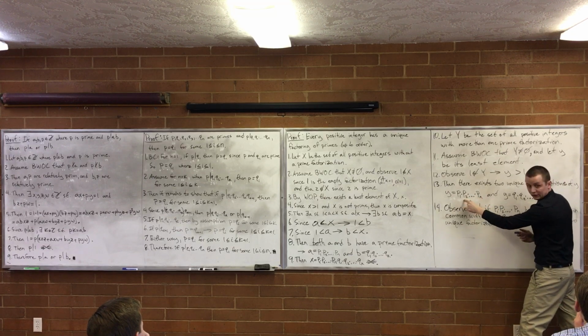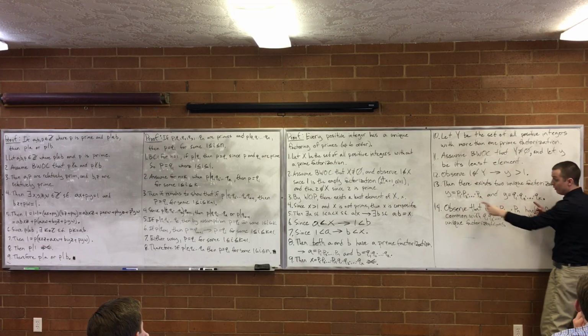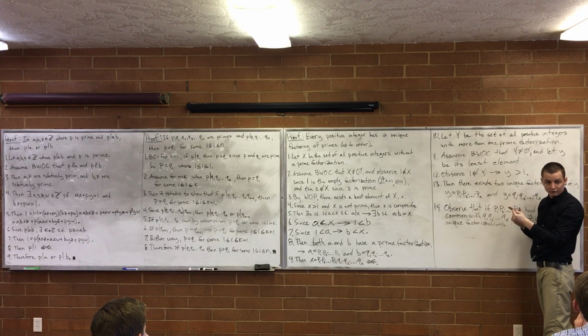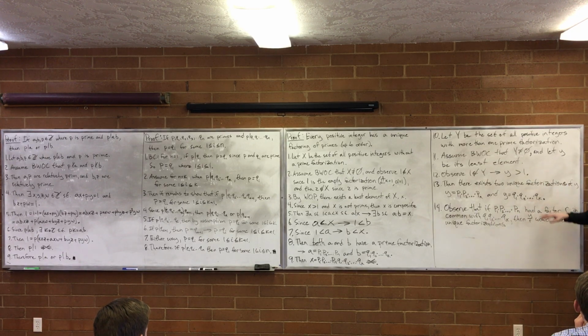Take this divided by r, you get a number. Take this divided by r, you get a number. Furthermore, those two numbers are equal to each other. So if they have a common factor r, then y divided by r is a smaller number with two unique factorizations, which isn't possible. y is the smallest number with two unique factorizations.